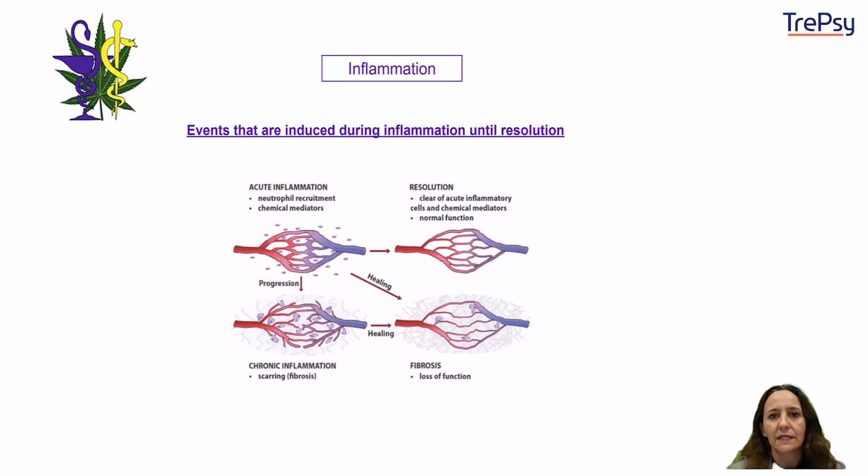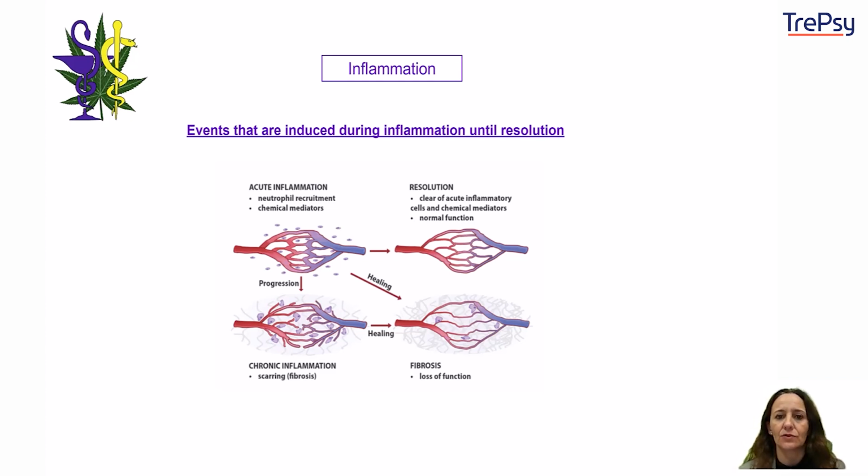So during inflammation, we can observe that this can be acute. In acute inflammation, we observe neutrophil recruitment and chemical mediators, and this inflammation can progress to chronic inflammation, but it can also be resolved.